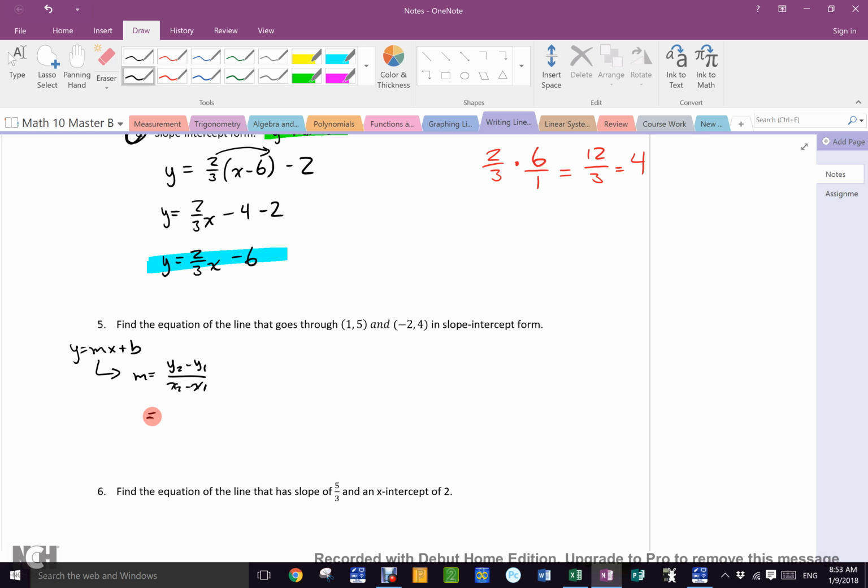Just go ahead and call it out when you get a slope. 1/3. Lovely. So 1/3. So now I know y equals 1/3 x plus b.